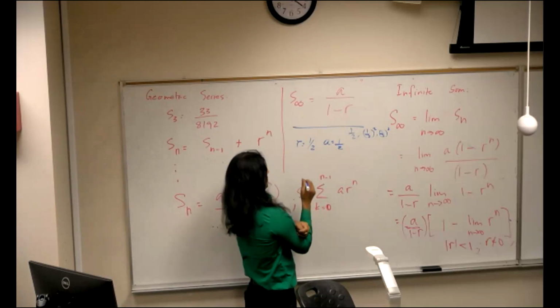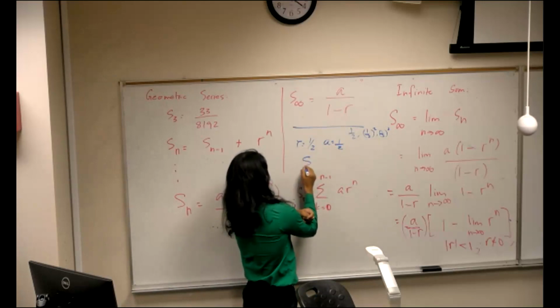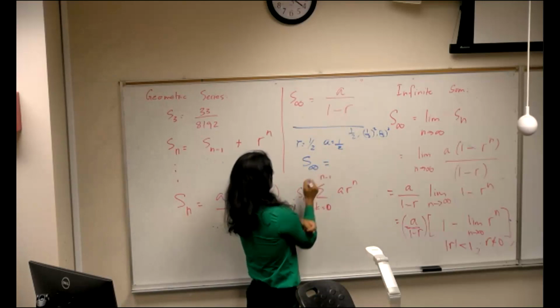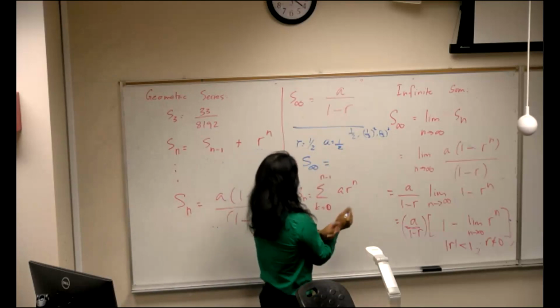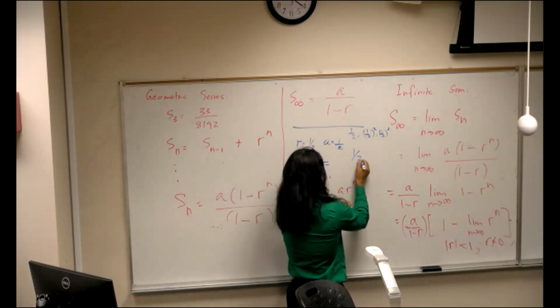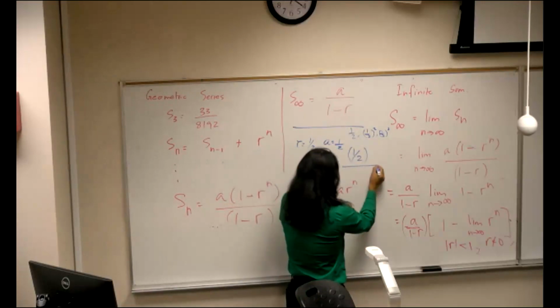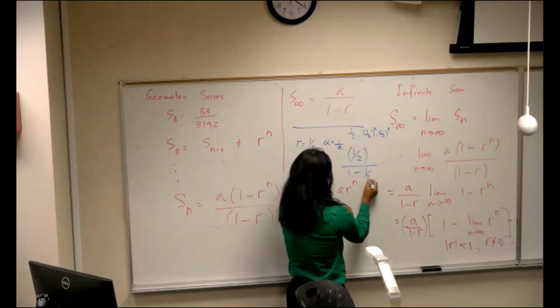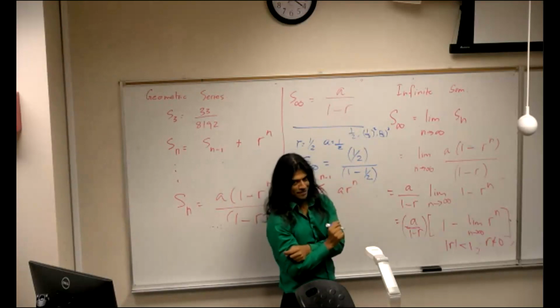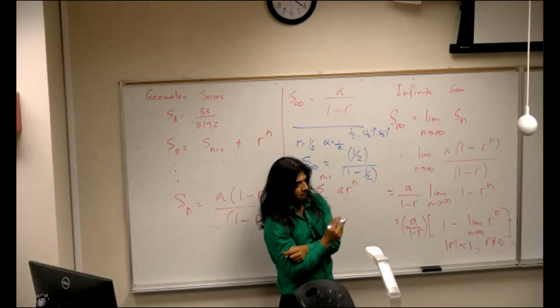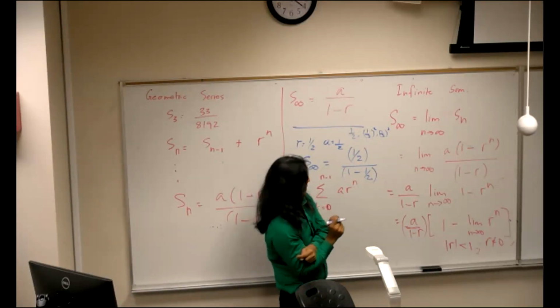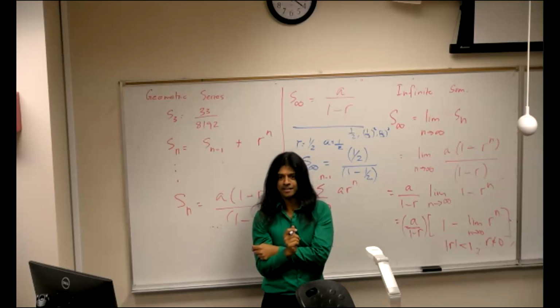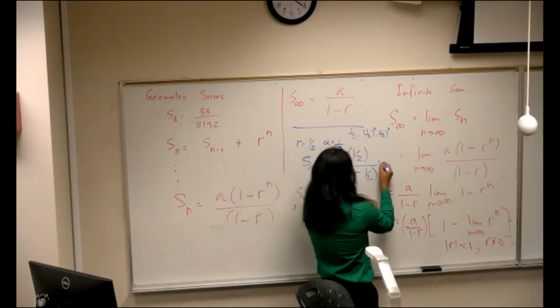Good. Well, if I wait the rest of my life, I'll have 1/2 divided by 1 minus 1/2, which is 1/2 over 1/2.